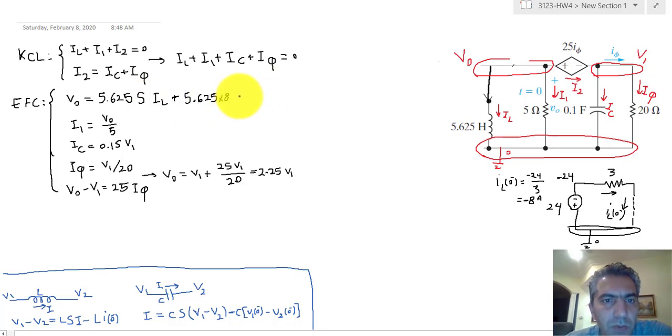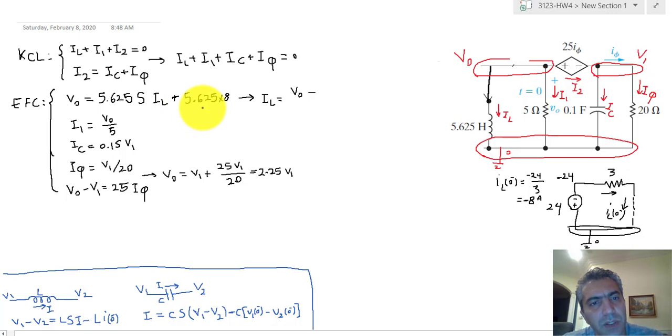So let's just move things around here. So IL is equal to V out minus 8 times 5.625 is 45.